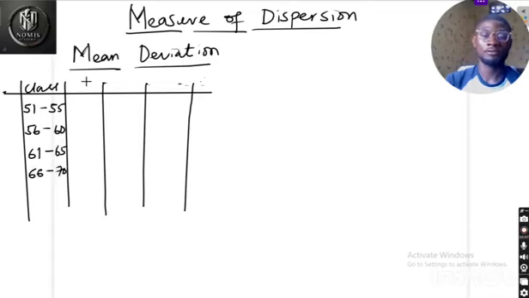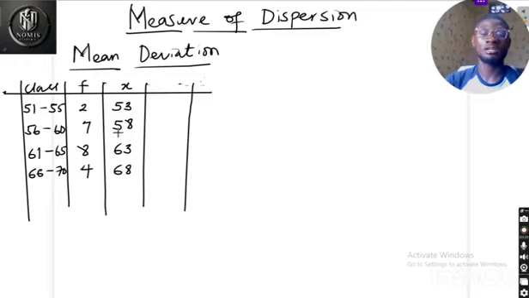We have the frequency: 2, 7, 8, and 4. And we have the representative x as the midpoint: 53, 58, 63, and 68.